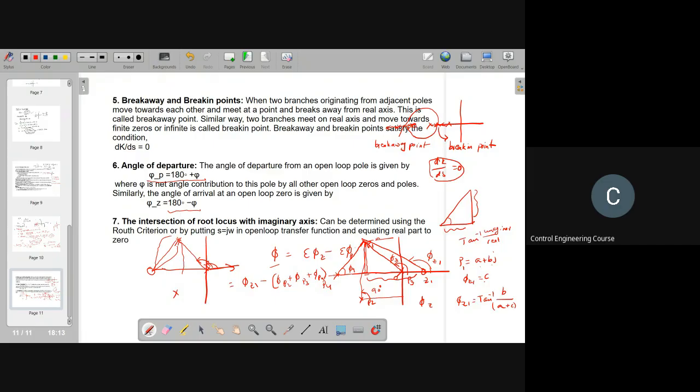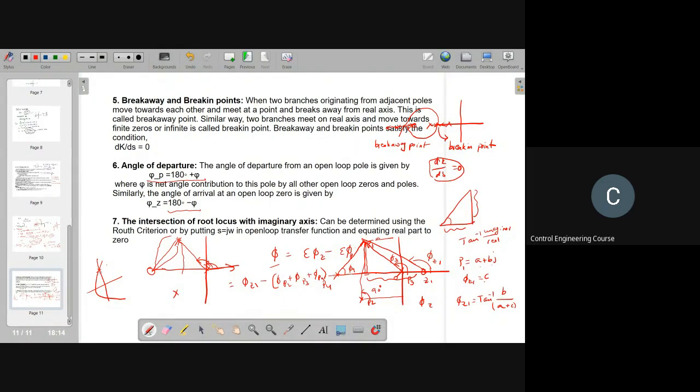And the next one is the intersection of the root locus with the imaginary axis. Let us suppose some root locus is going in this direction. Here we want to know at what point, or at what K, the root locus crosses the imaginary axis, meaning it is on the verge of stability. That means it is moving from the stable region to the unstable region.